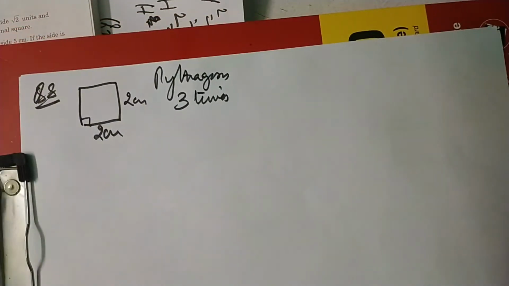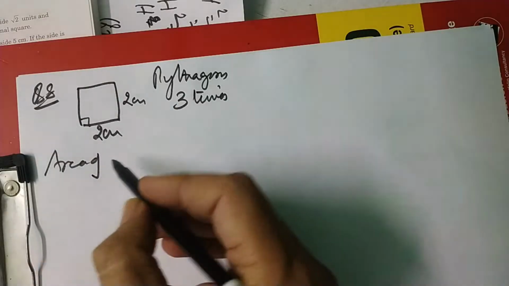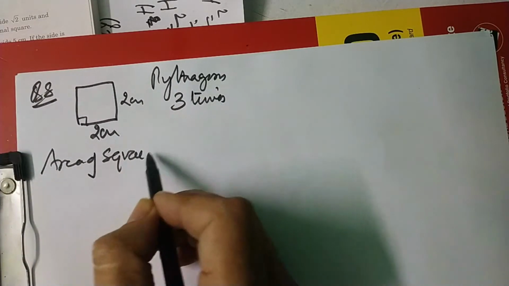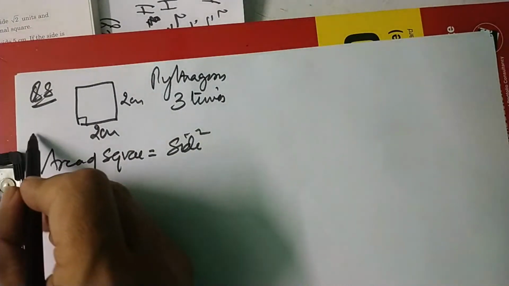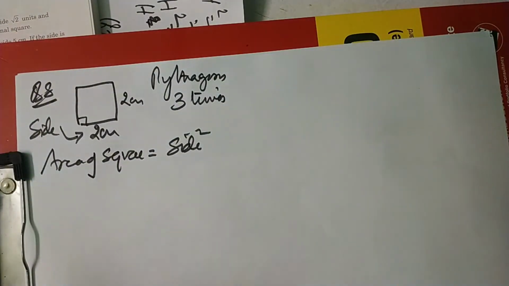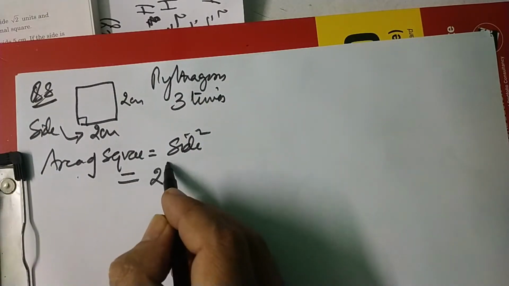First, what is the area of this square? So let's find area of the first square. Area of the square is side square, and the side is given 2. If the side is 2, what is the area of the square? 2 square.